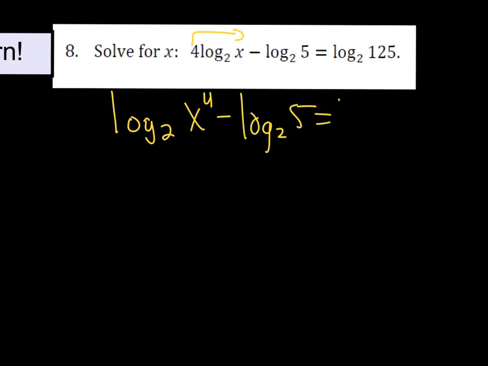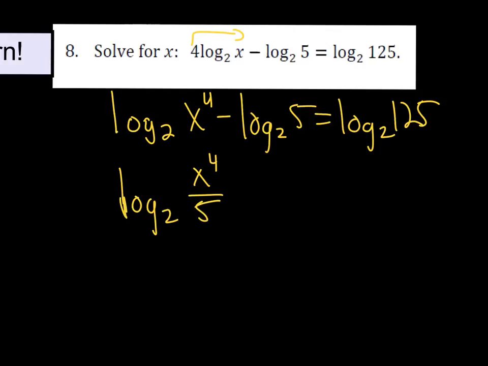So if I take a look here, I can rewrite that as log base 2 of x to the 4th. I'm going to move this back up, minus log base 2 of 5 equals log base 2 of 125. So same kind of idea. That's going to be log base 2 of x to the 4th over 5. I know it's kind of weird that subtraction is division, multiplication is addition, so it's kind of weird that way, but you got to trust it because it is, like I said, an exponent. So all those rules come into play.